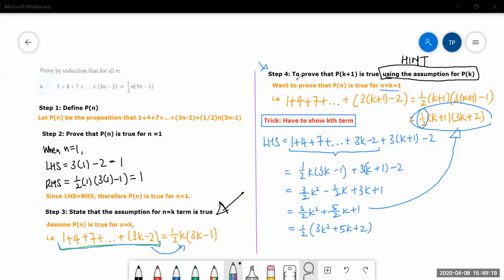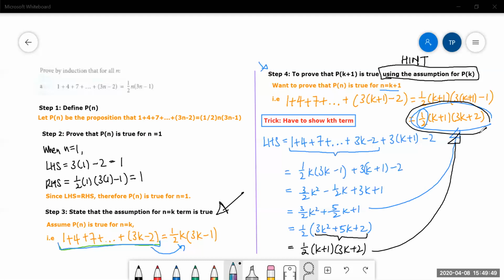So from here, by factorizing this, we should be getting half times (k plus 1) times (3k plus 2), which will get us back to here. So we don't necessarily have to expand this thing.